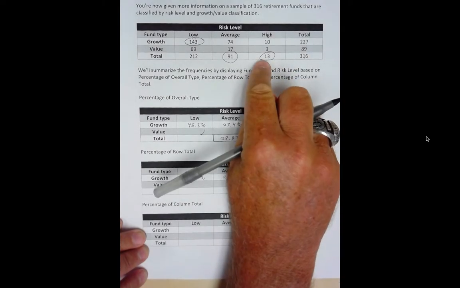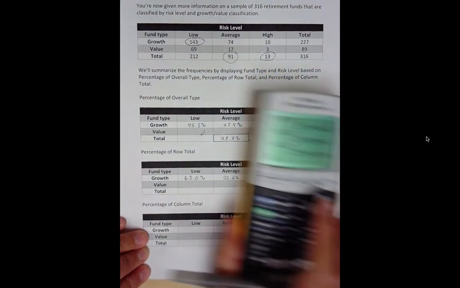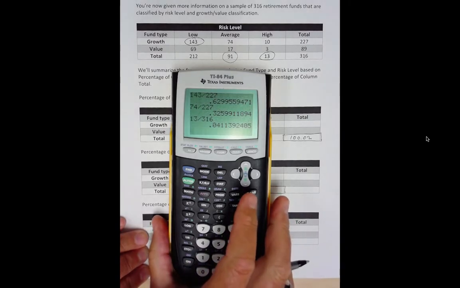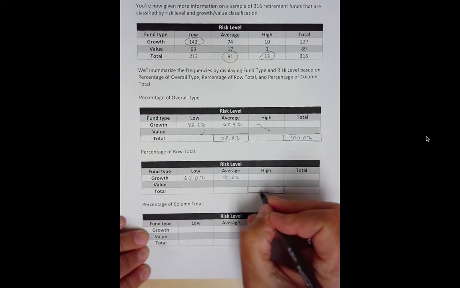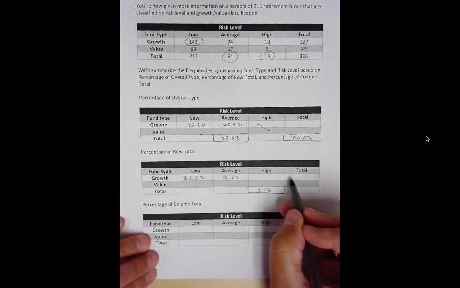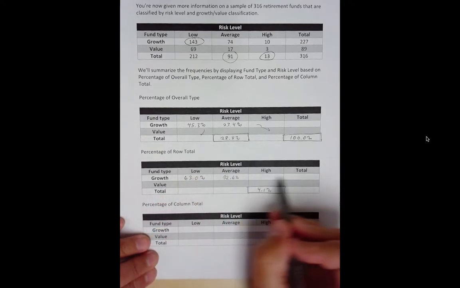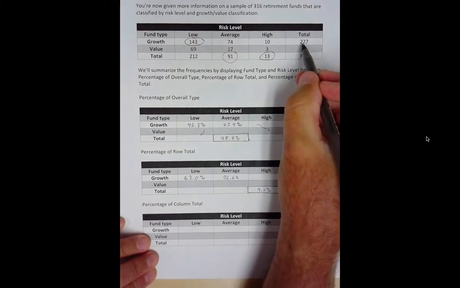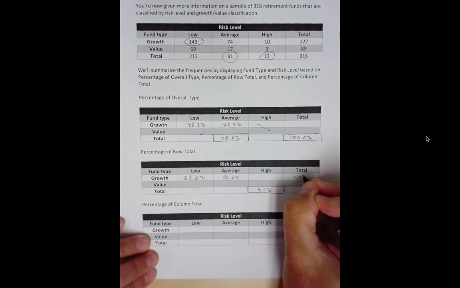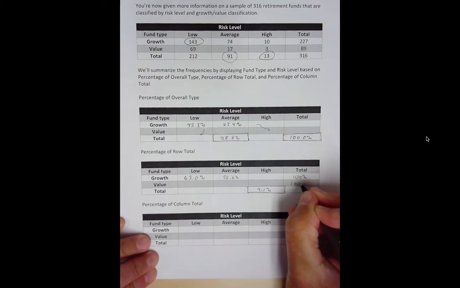We take the 13 divided by the 316 and get 4.1%. Now, notice that on the row totals, when we get out here, we're going to have 227 divided by 227, which is going to be 100% and 100% and 100%.